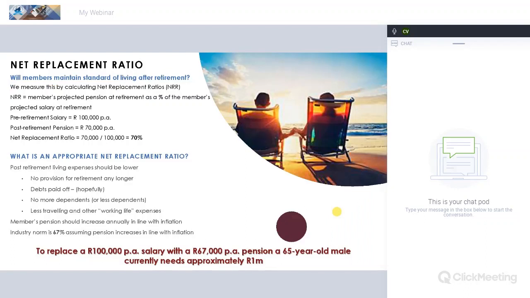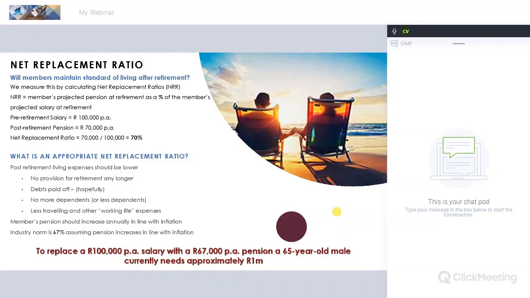How do we measure whether you will one day be able to retire comfortably? Normally what we do is we use a net replacement ratio. A net replacement ratio is purely looking at the pension that you will receive after tax and comparing that to the salary that you receive just before retirement, also after tax.